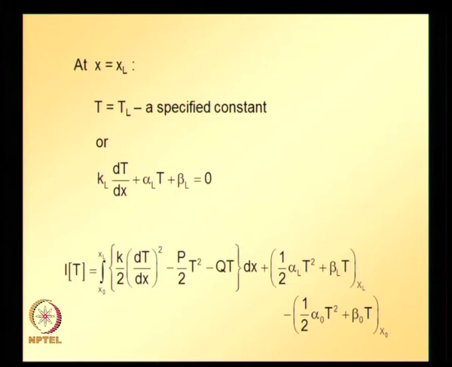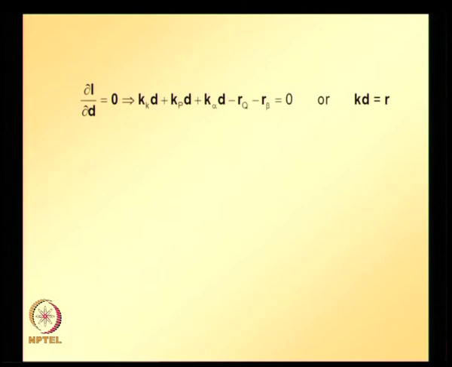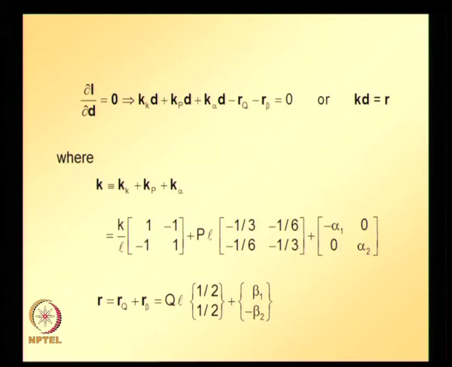After that we applied the stationarity condition, that is, the partial derivative of I with respect to d should be equal to 0, where d is a vector consisting of nodal values, and we obtained this equation where the contributions to the stiffness-like matrix come from various components k, kp, k alpha, and the force-like vector contribution comes from rq and r beta, which are shown on the slide.